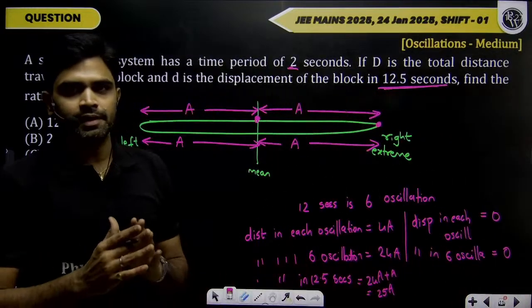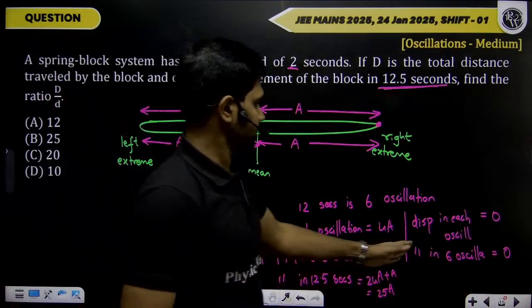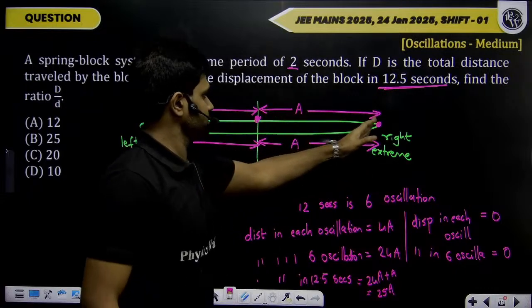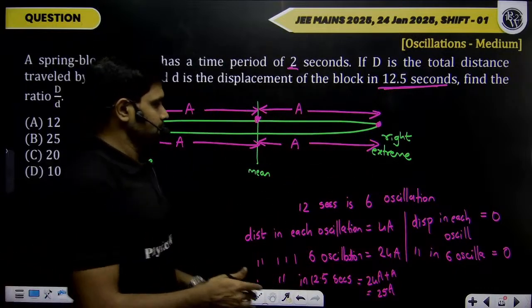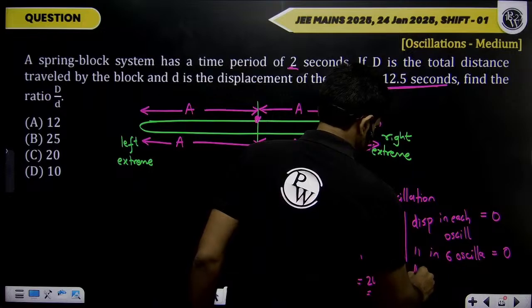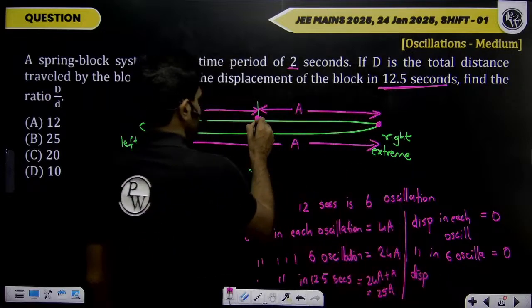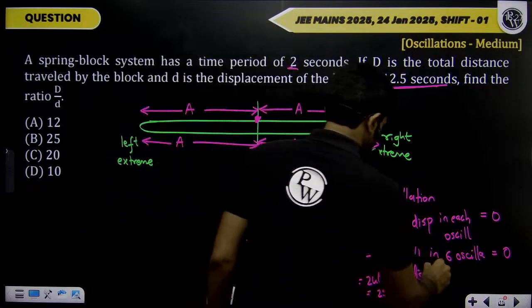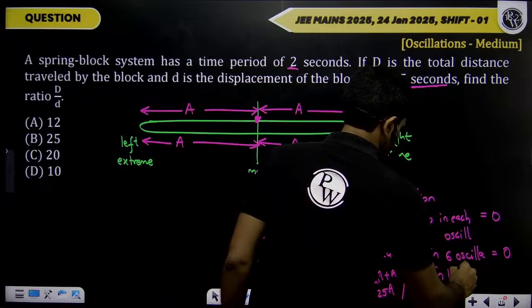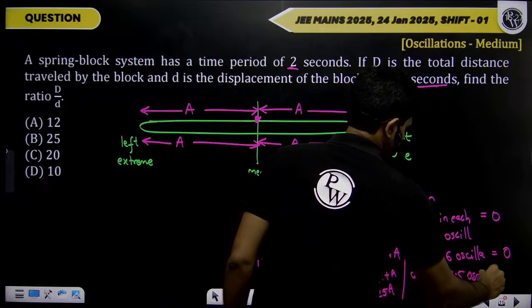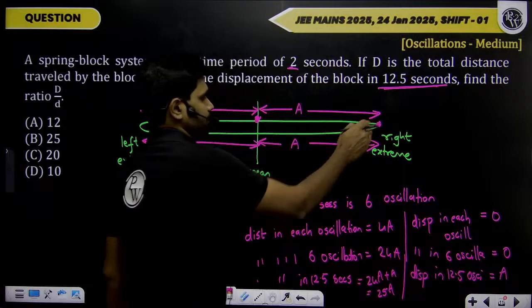Whereas the displacement is from here to here, A, since after 6 oscillations it is back at the start and in that last half second it has just traveled A.